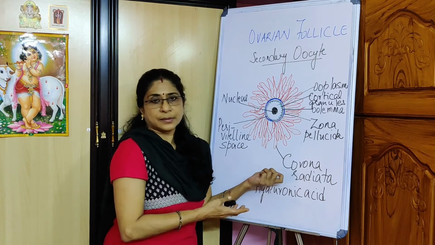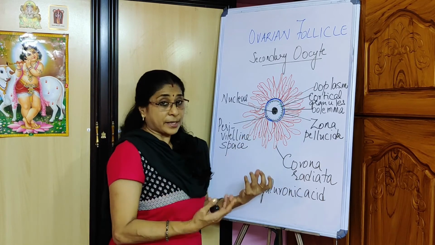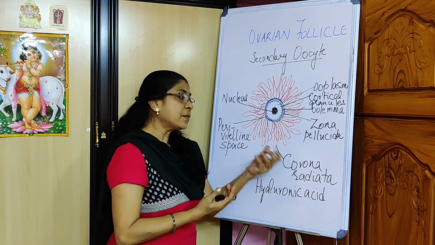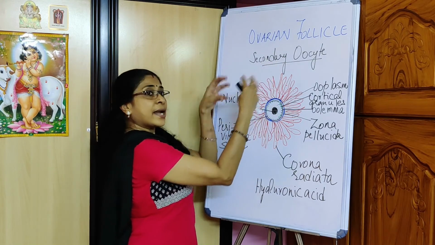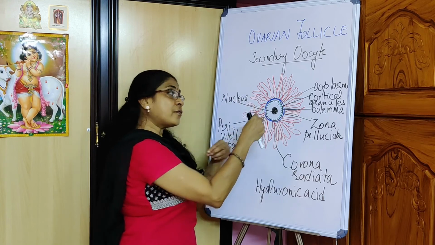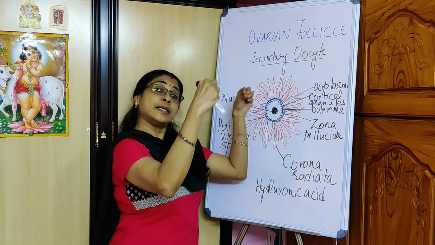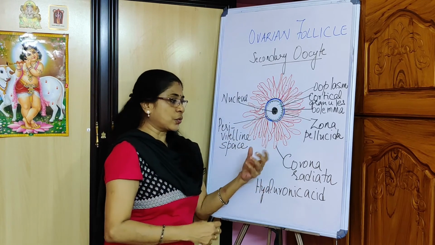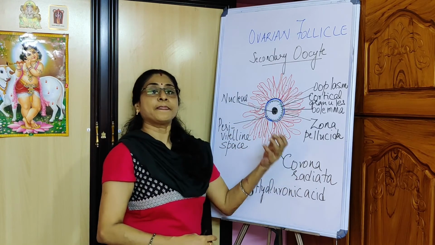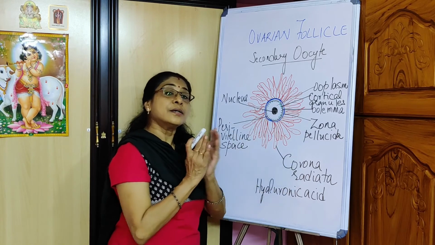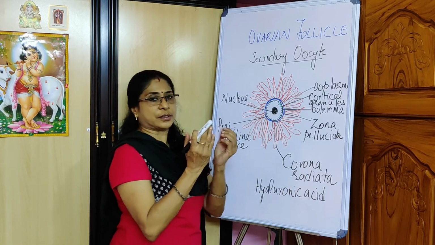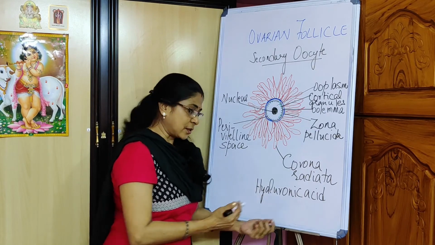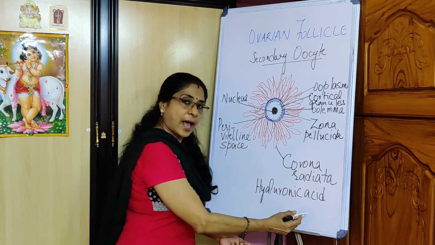You're very familiar nowadays with the coronavirus, and we have been seeing that pictured in the social media. Just like that, we have rays of follicular cells radially elongated, and this layer of cells is known as the corona radiata. These cells remain glued to each other by an acid known as hyaluronic acid.